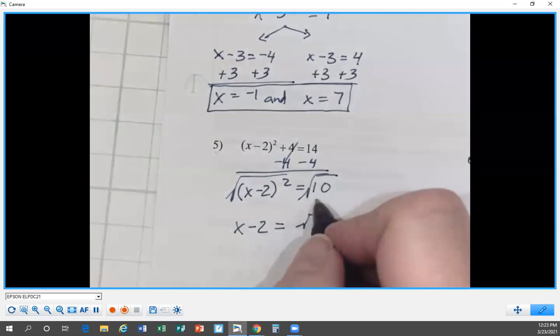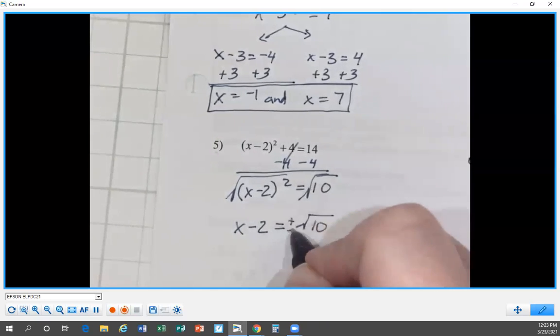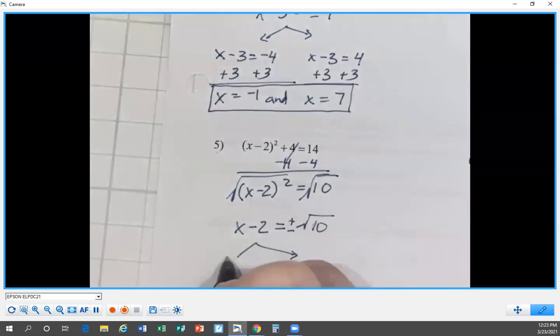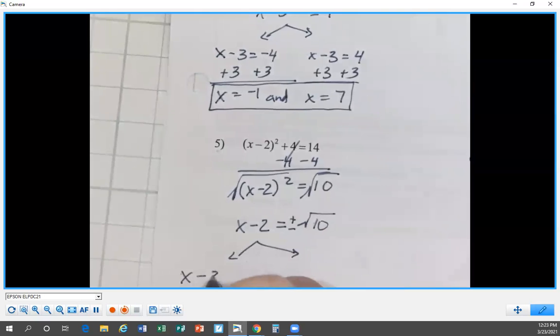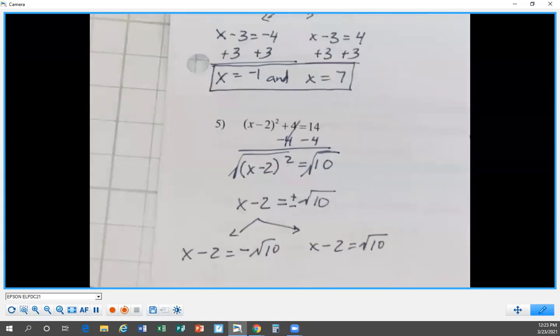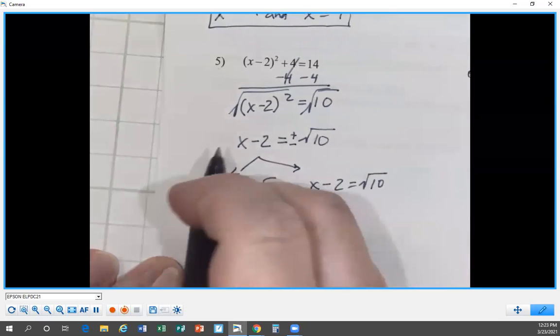Okay, and there are 2 possibilities, the positive or the negative. So we'll branch that out into both possibilities, either x minus 2 equals negative root 10, or x minus 2 equals positive root 10. Add 2 to each side.